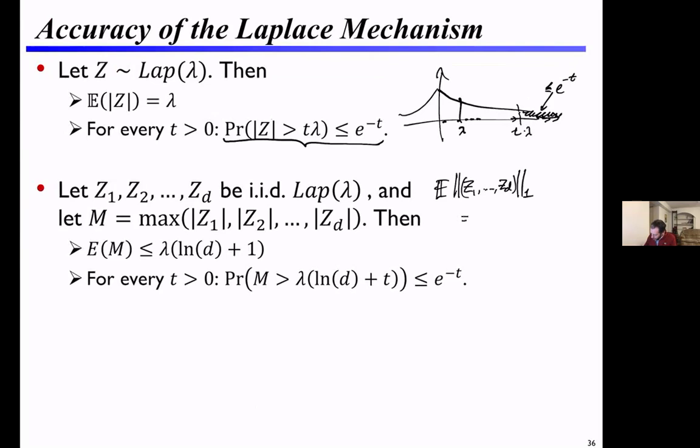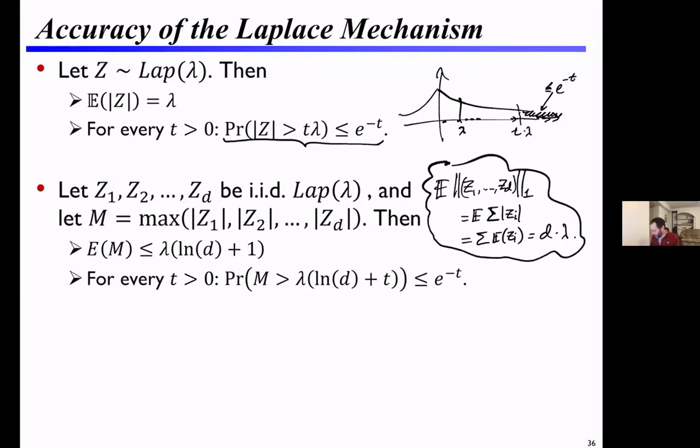So that's the expectation of a sum of absolute values. By linearity of expectation, that's the sum of the expected absolute values, which is equal to d times lambda. That's one useful thing to keep in mind.